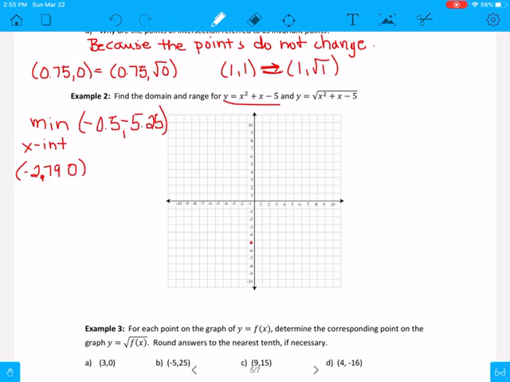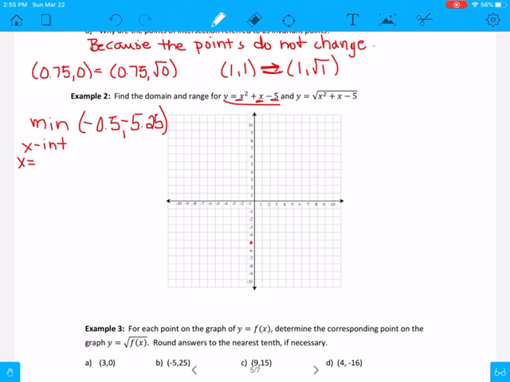Okay, well, we're rounding. So instead of rounding, maybe we should just figure out what they are. How can we figure them out? If they're not nice like that, quadratic formula. So I'm going to go x equals negative b, so this is my a, this is my b, this is my c. So my a is 1, my b is 1, and my c is negative 5.